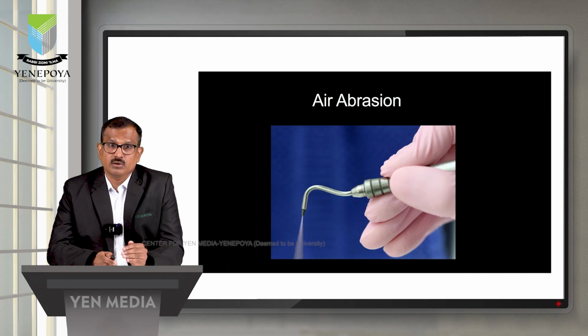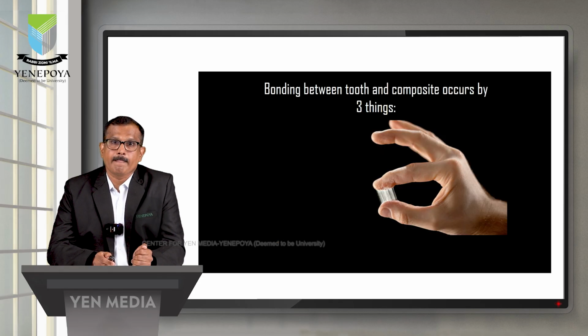It doesn't unnecessarily remove dentine. Only the soft tissue goes off, and it works well on the enamel surface, wherein we get proper bonding. It enhances the bonding as well, as roughening of the tooth surface happens.